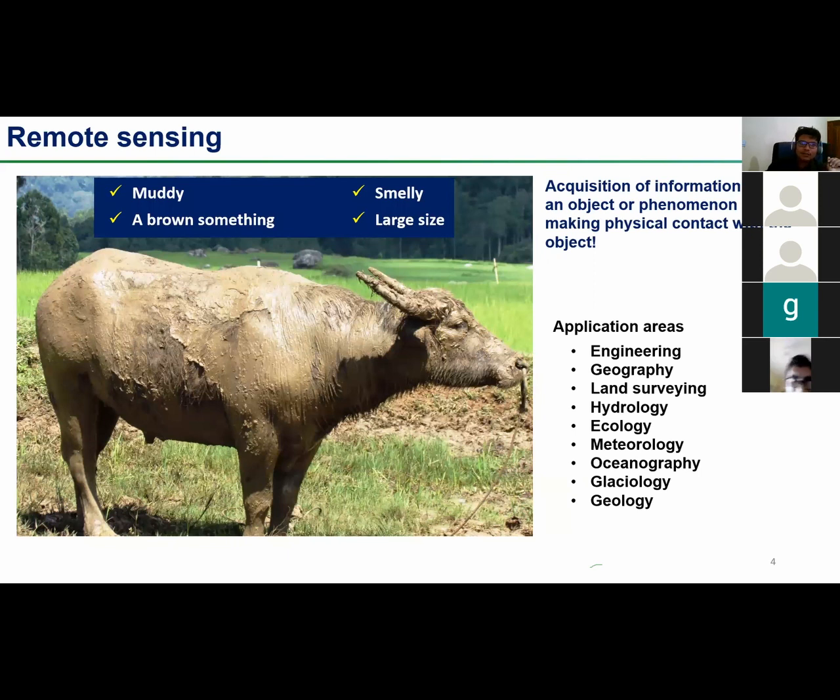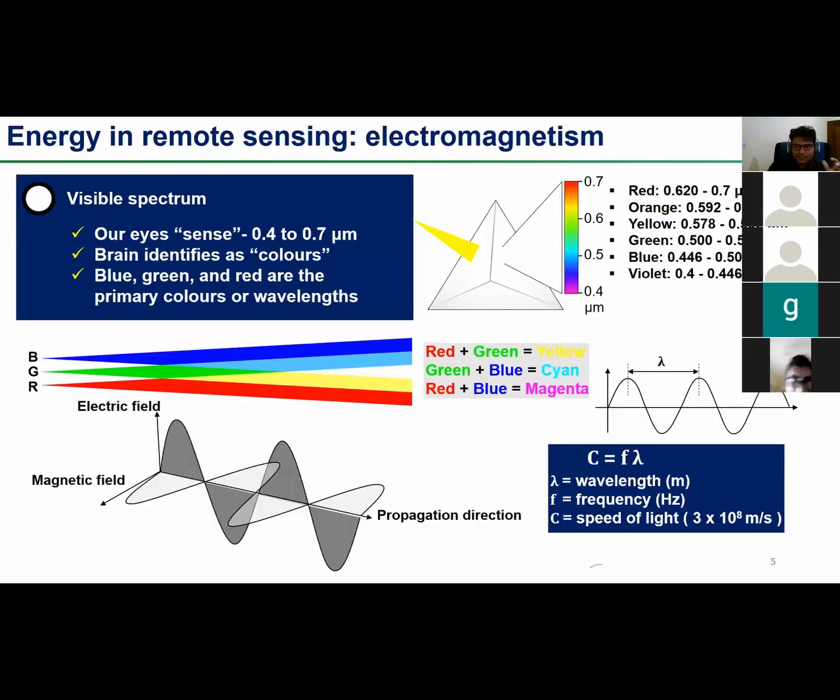Moving on to remote sensing as a subject, what we learn first is electromagnetism. I think you are all familiar with these concepts. We have the sensors, our eyes, and we see, and our cognitive capacity processes the information for us, and that is the visible spectrum.